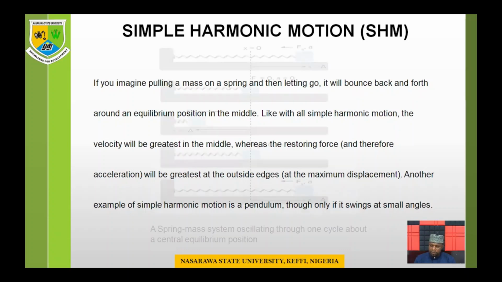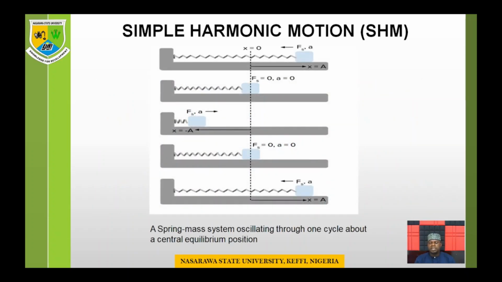All right, so we can see an example of a spring attached to one side of a table, and that is why you can see it is horizontal. A mass is hung on one end while the other end is hooked to a stable object, and then the mass is pulled away from the original position of the spring.